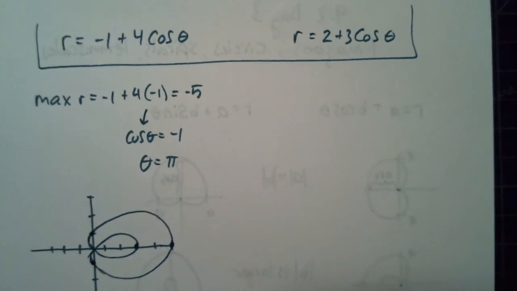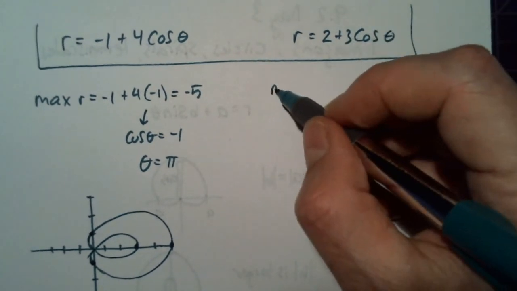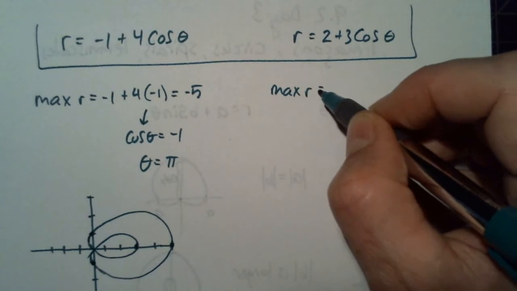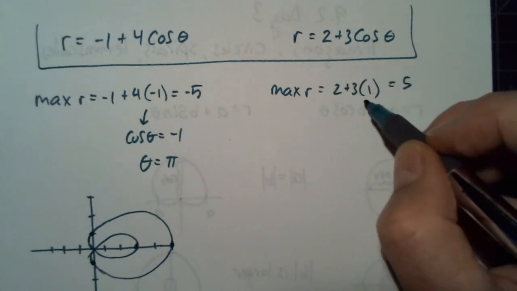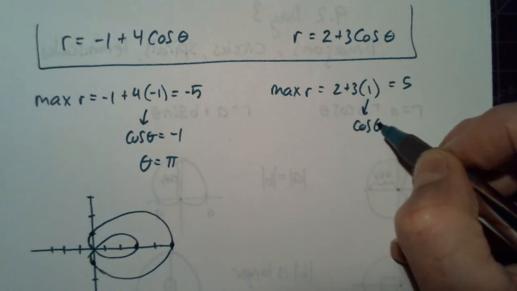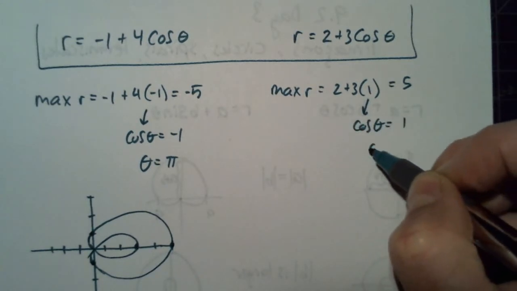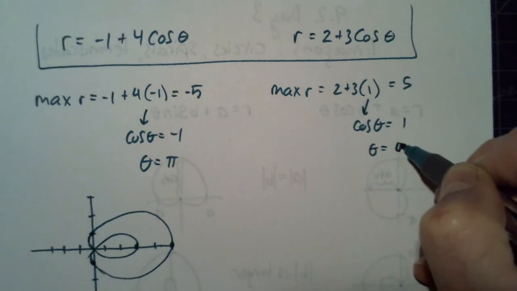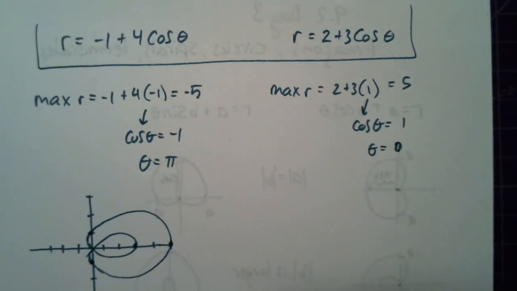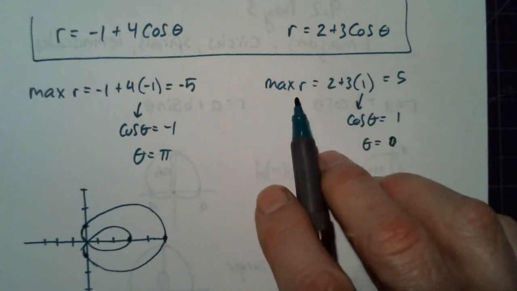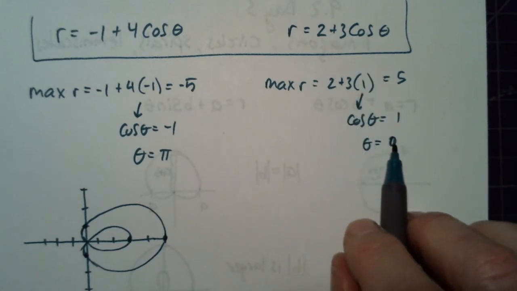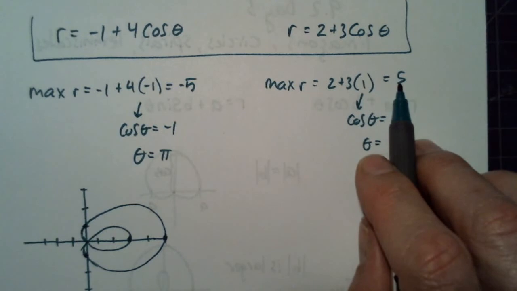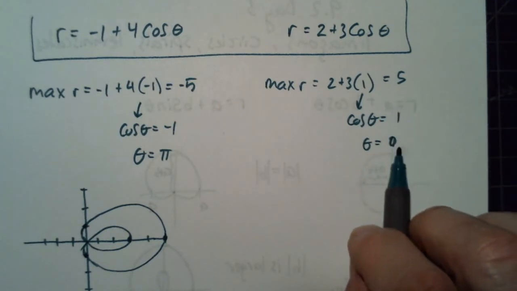All right, pause the video and try the next one. So here, a maximum radius occurs when cosine is 1, and cosine equals 1 when theta equals 0. Maximum radius is 5. We'll have a radius of 5 at 0.